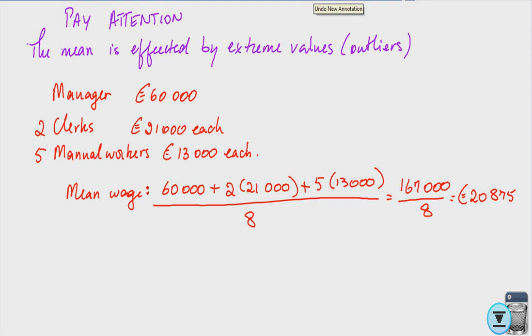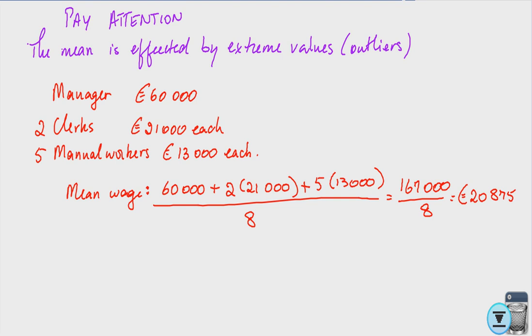In fact, that value is not representative. There are only 2 people who earn that amount of money. There's 1 person who earns much more than that, and there are the manual workers who earn almost half that amount. So what happened here? The manager, who is paid a lot of money, skewed my mean.